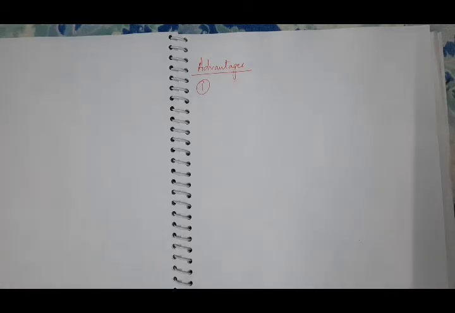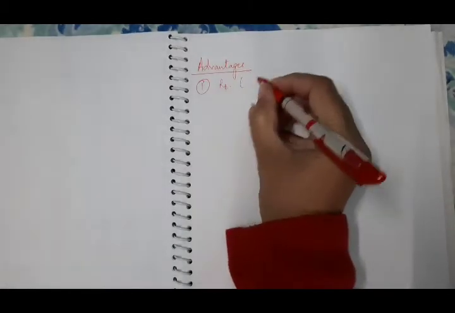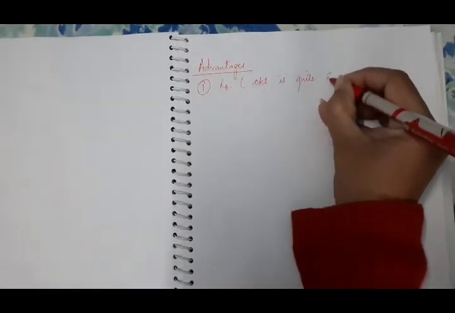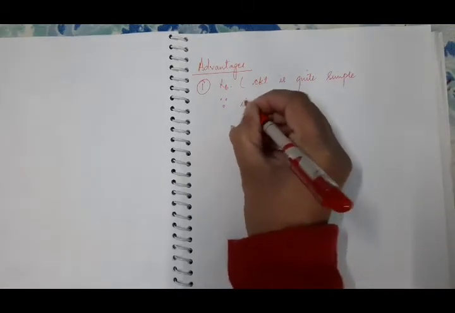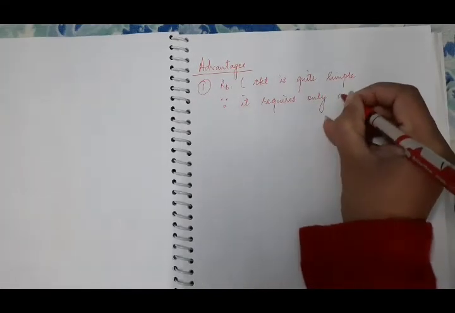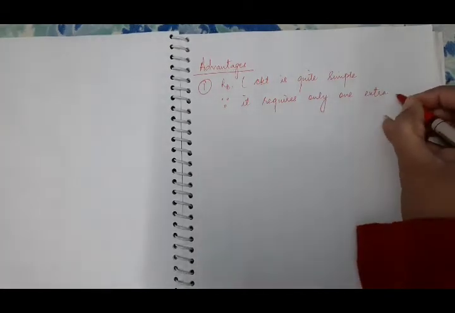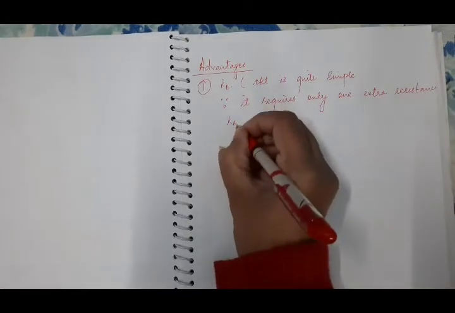So it is quite simple, because it requires only one extra resistance other than that of the common emitter amplifier, that is RB.